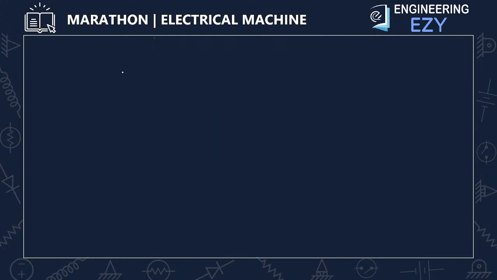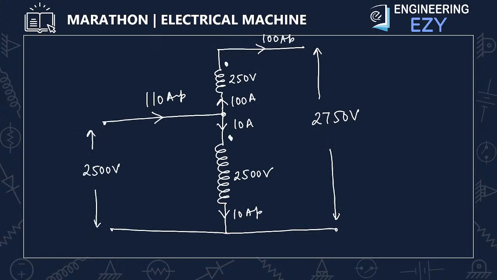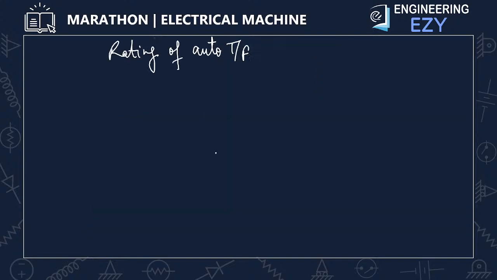So the rating of the auto transformer is inductive plus conductive. I have not used any formula. Some students use the formula for the auto transformer, but if you see the connection diagram, you can easily solve the transformer questions. So the rating of the auto transformer is V1 I1 equal to V2 I2.